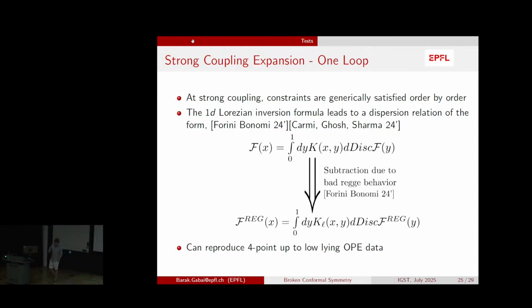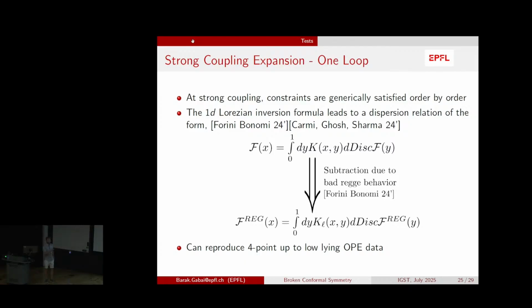From the regularized four-point function, we can get the original four-point function by adding some information about low-lying operators. Okay, I don't want to review their work, but in principle, this is understood in the literature and allows us to plug in the tree-level data and get the one-loop four-point function up to some low-lying CFT data that is left unfixed.